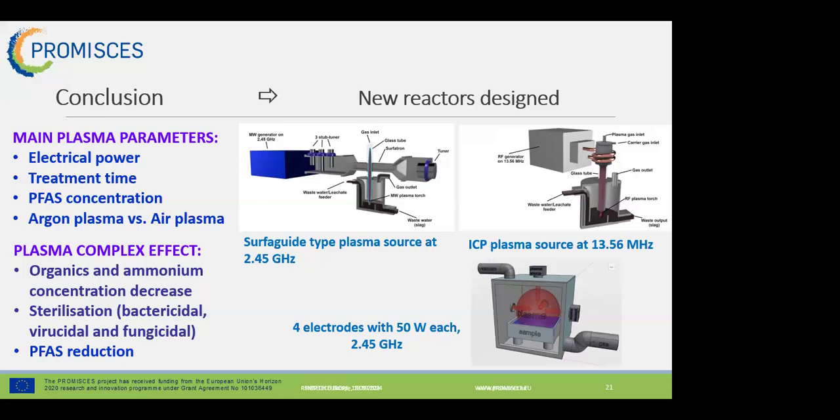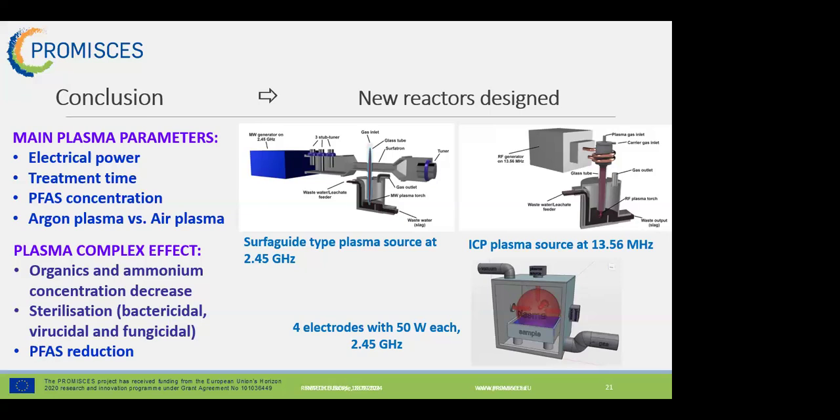As a conclusion, what we can say about the main plasma parameters and experiment parameters that we have to adjust is the electrical power. It surely has to be increased.